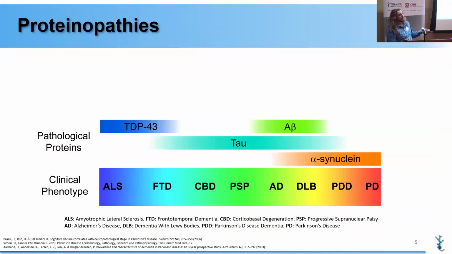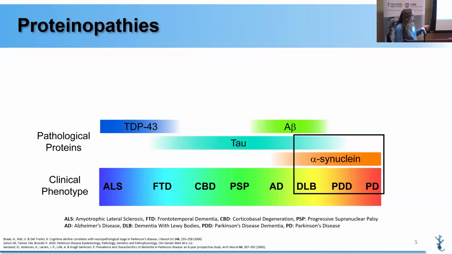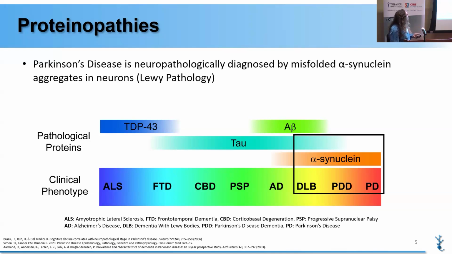And so this puts Parkinson's disease in the realm of what we call proteinopathies. And specifically, it's over here on this end of the spectrum, where alpha-synuclein is a pathological protein involved in the disease. Parkinson's disease, Parkinson's disease dementia, and dementia with Lewy bodies all have this proteinaceous aggregate that occurs in the pathology. And we actually neuropathologically diagnose Parkinson's disease based off the presence of this Lewy pathology.